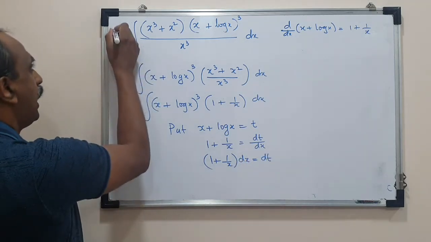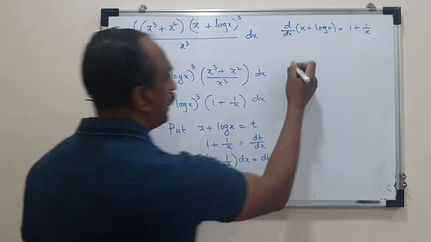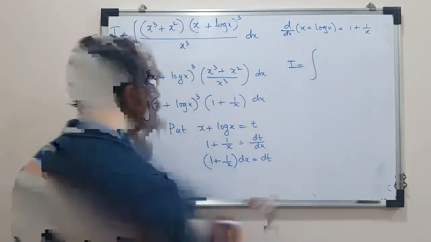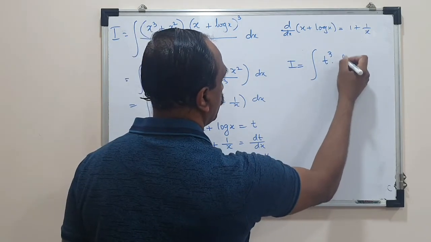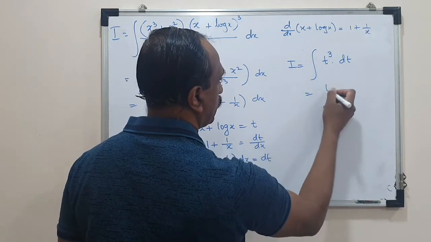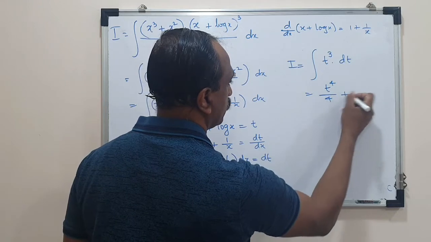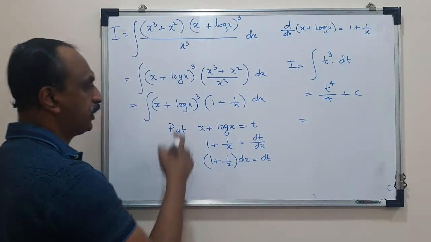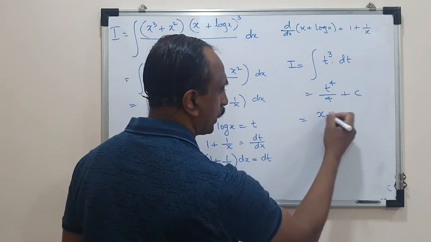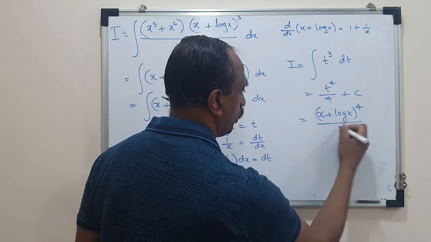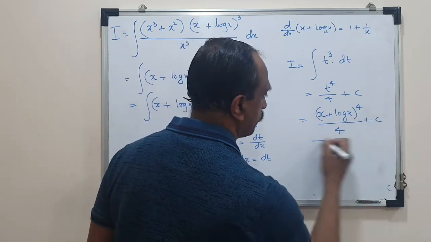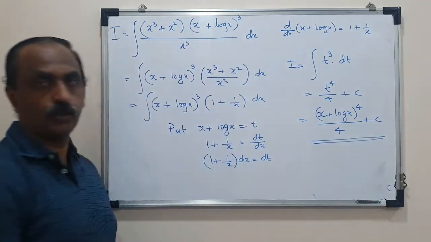So my integral I became the integral of t cube into dt. It became t raised to 4 upon 4 plus c. Now replace t back. What does t stand for? x plus log x. So x plus log x raised to 4 upon 4 plus c becomes your final answer. This is how you can find the integral.